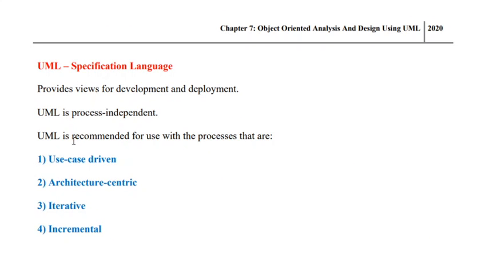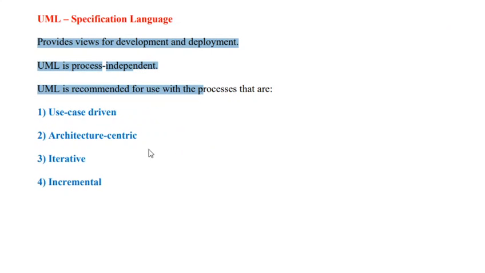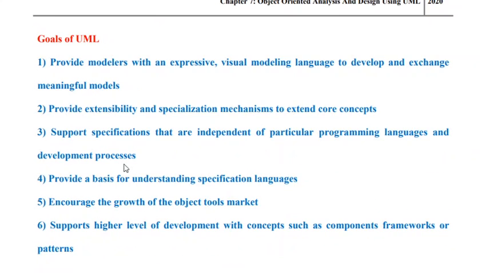So it's not a programming language, but a mechanism for specifying. UML as a specification language provides views both for development and deployment. UML is process independent, and it's recommended for systems which are use case driven, architecture centric, iterative, and incremental. And we have listed a set of goals of UML.